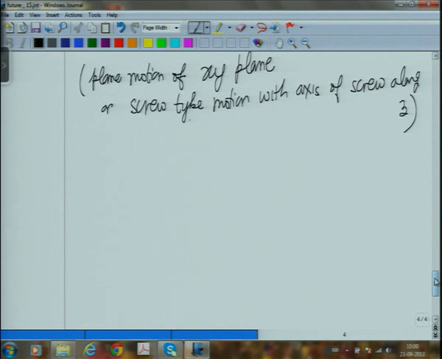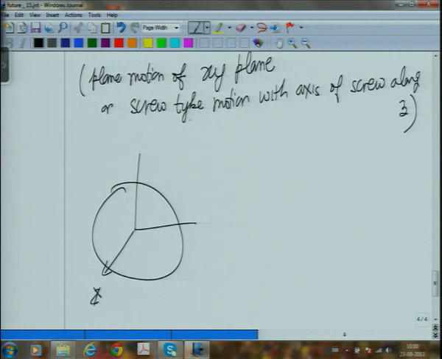Okay. So now let's see this. What we have is capital X, capital Y, capital Z, and this is the fixed frame.